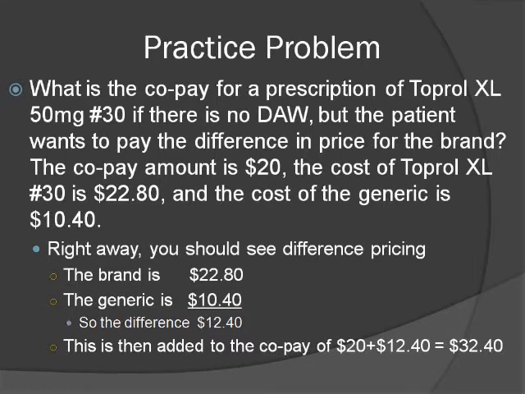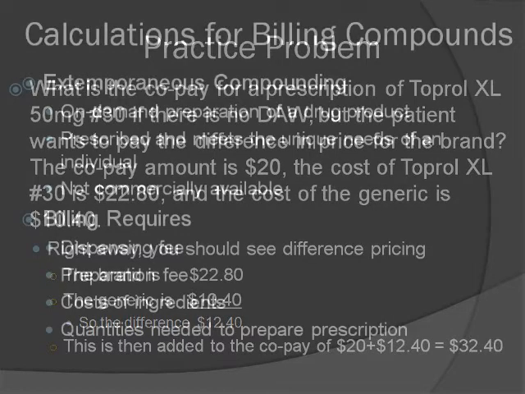The difference would be $12.40. So then you take that and you add it to the patient's copay of $20. So 20 plus the $12.40 gives us $32.40. That is what the patient's copay would be, $32.40. So just remember, it's the difference of the brand versus the generic, and then you add that to the copay.